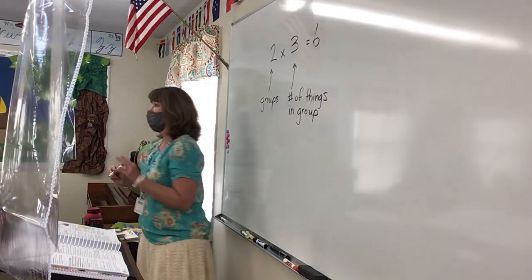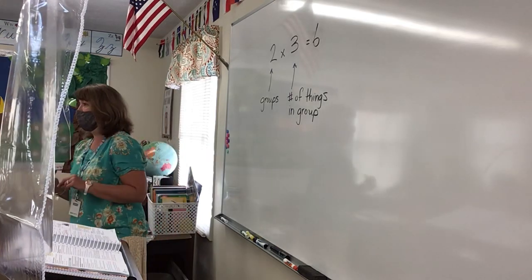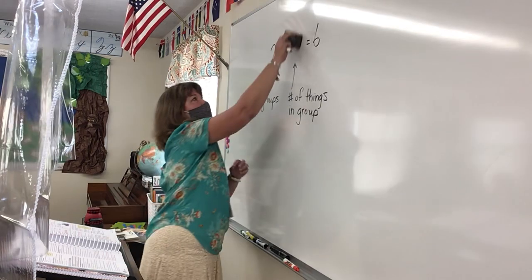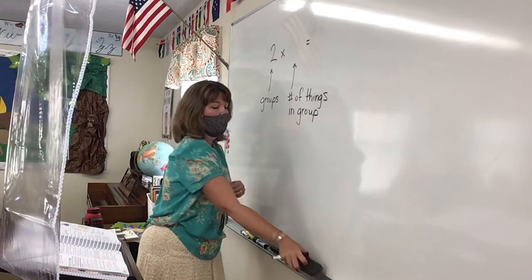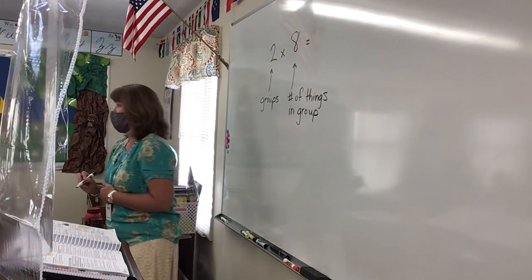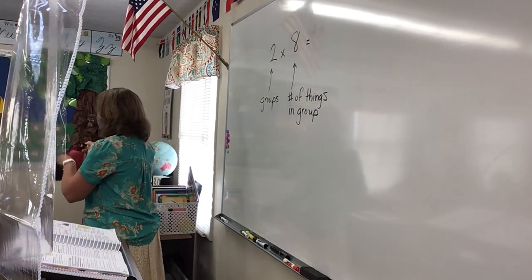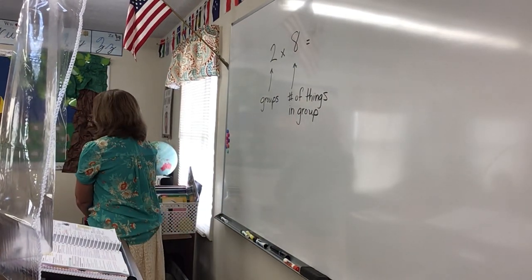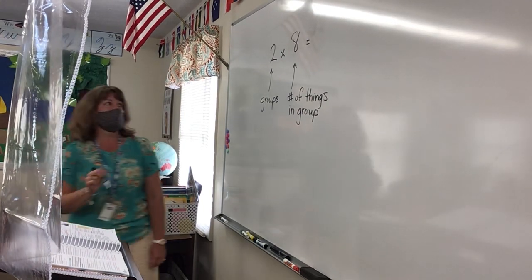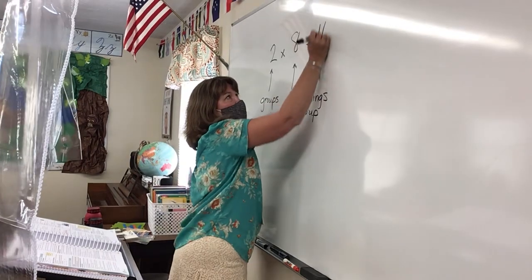So anything times 2, you double the other number. Yep. Right? So let's just say, what if I have 2 times 8. So that's, if I have 2 groups and I have 8 popsicle sticks in each group. What would my answer be? 16, because I doubled the 8.